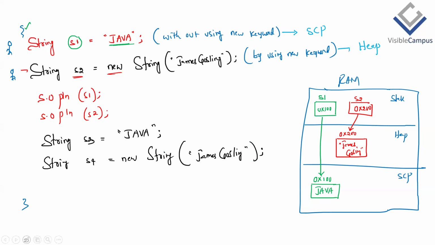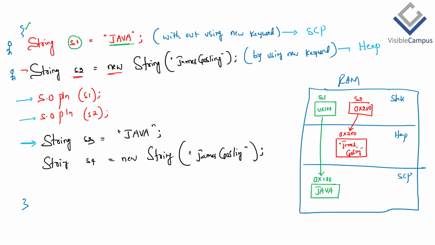Now, after the first four lines, when the JVM comes to the next line, where will this string object be created? S3 with the value Java will be stored in the string constant pool or it will be created in the heap segment of memory.